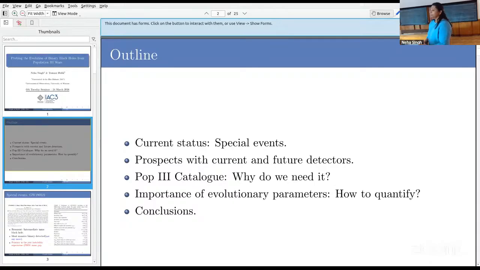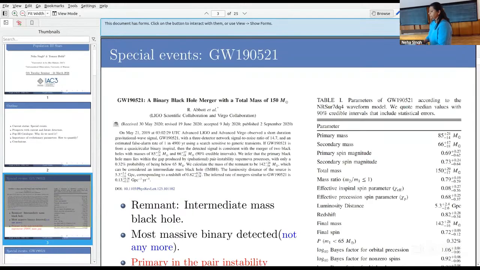And then the catalog that we generated, why do we need it? And the importance of the evolutionary parameters on the properties of these binaries, how do we quantify this effect? And finally, the conclusions.